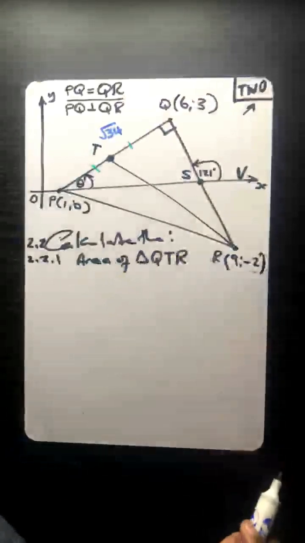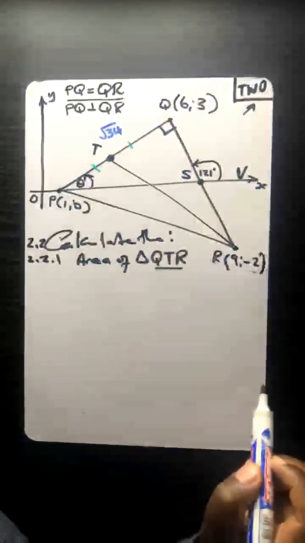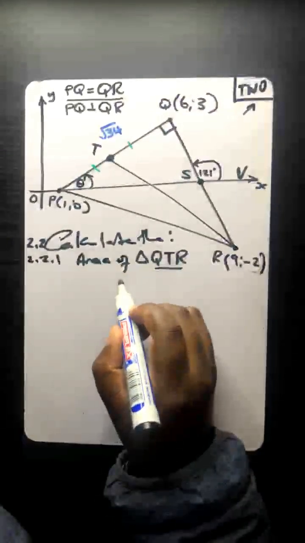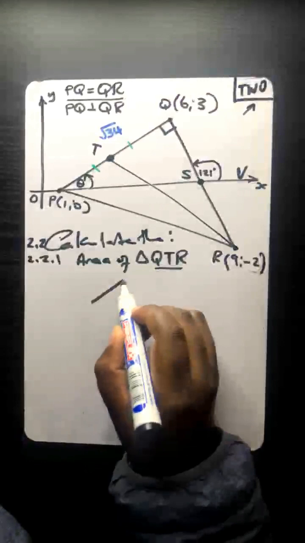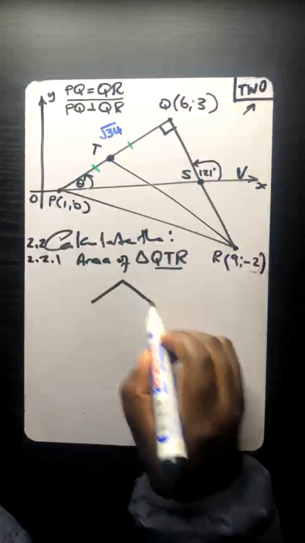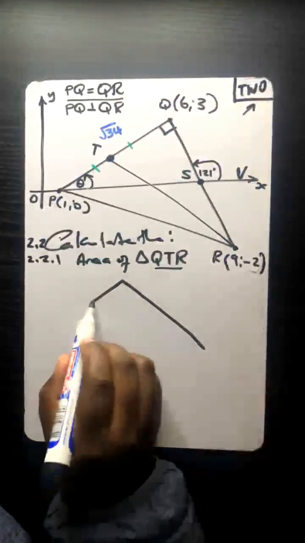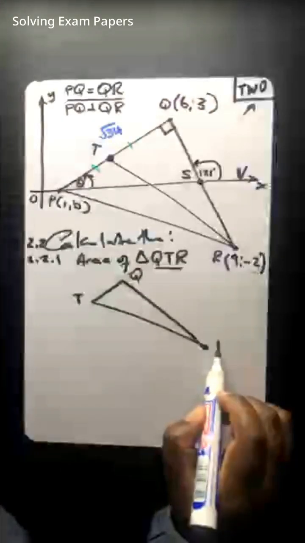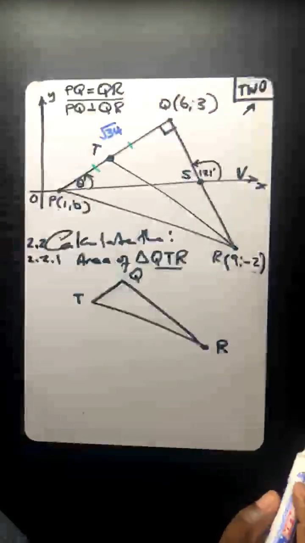This is what I used to do because they're talking about that triangle. Let me draw it very quickly. So it is from that Q and then now going to R and then now joining. So this is QTR that they are talking about.